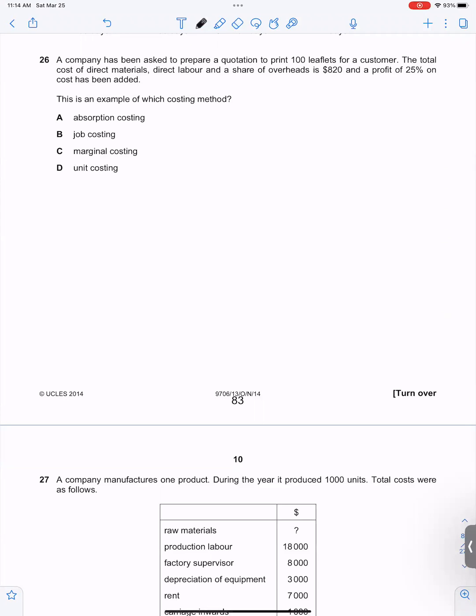Yes, so 26. Prepare a quotation to print 100 leaflets, and there is direct material, direct labor, and share of overhead of $820, and profit of 25% on cost has been added. This is an example of which costing method?